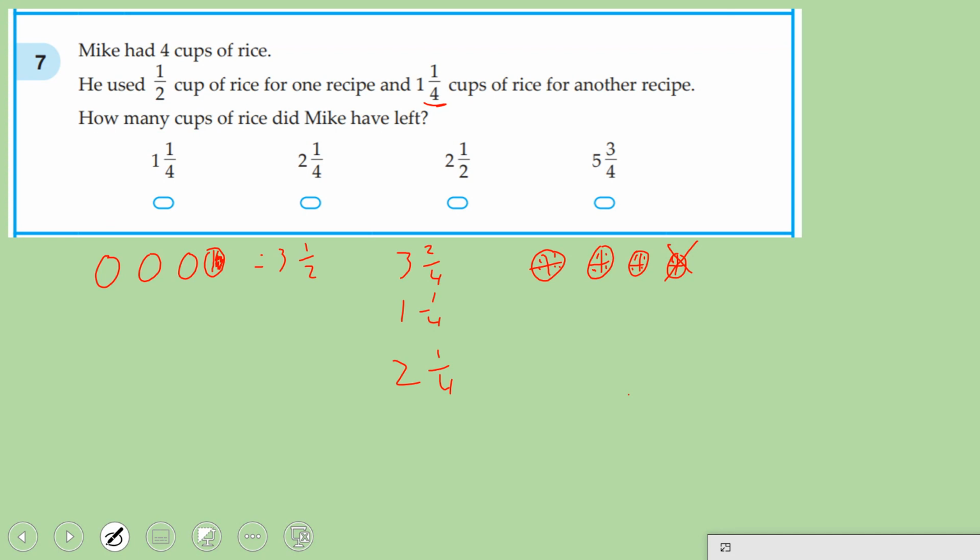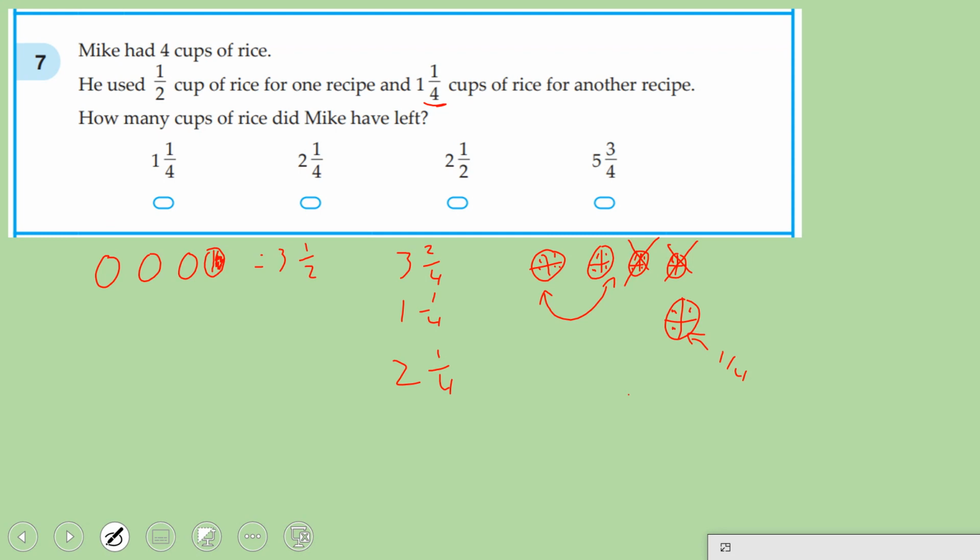Oh, sorry, I've got that slightly wrong. I've got 2 quarters there. And I'm taking one of them away, which means I've got 1 quarter left. And if I take away an entire whole, that means I've got my 2 wholes there. Beautiful smiley face. Now, I will admit this is not the best way to work it out, but it is a way that you can do it if you think about it with pictures.